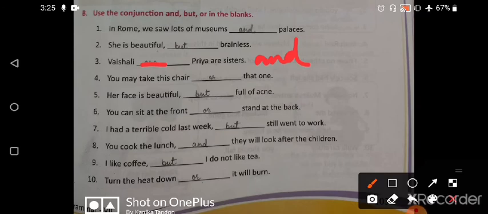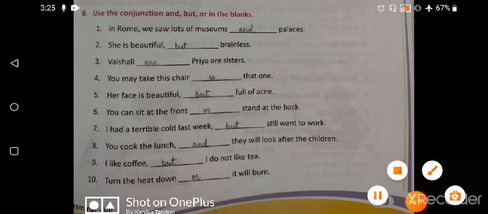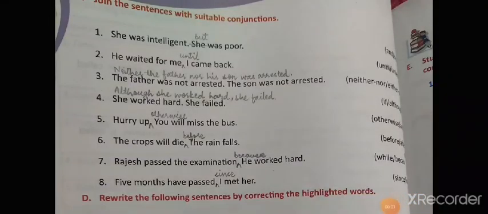Come on to the next exercise on the next page. In the next exercise, we have to connect two sentences with the conjunctions that are given in the brackets. She was intelligent but poor. He waited for me until I came back. The father was not arrested. The son was not arrested.